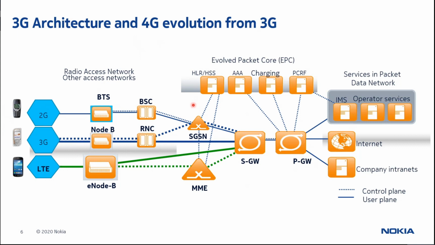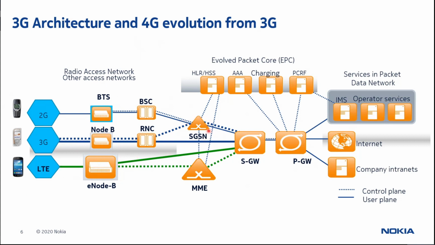So VLR is responsible for temporarily maintaining the database of the subscriber, including his latest location. So when it comes to the packet core network, SGSN does that. It takes care of ensuring that the temporary location of the subscriber is stored and used whenever there is a requirement. So it also stores the profiles, what kind of subscriber he is, what kind of IP addresses are assigned to these subscribers, and for all these users, it tracks the subscriber-related information.